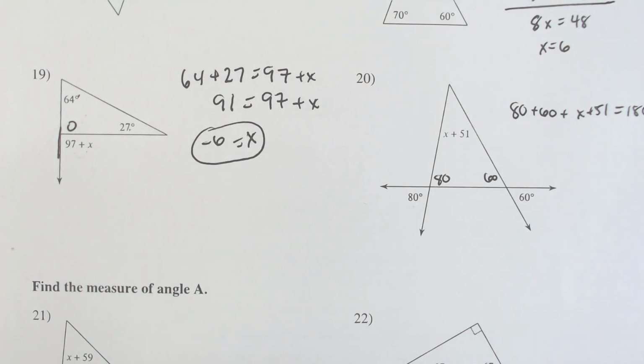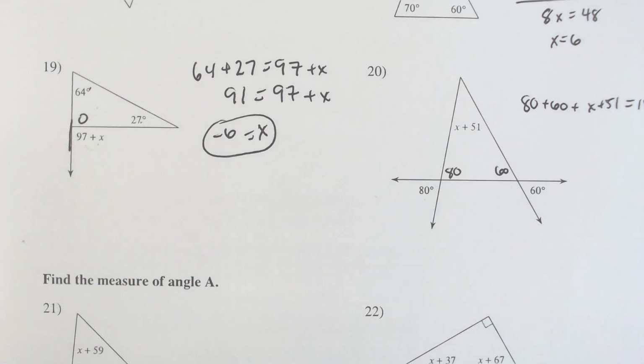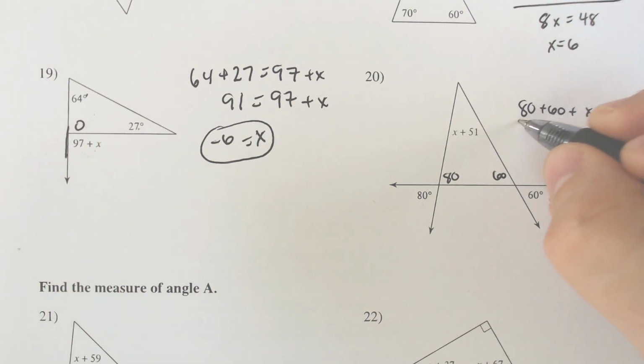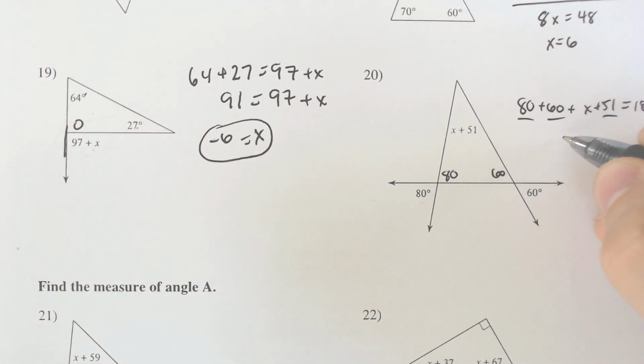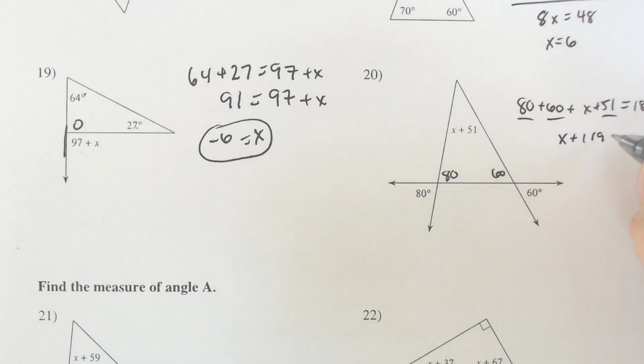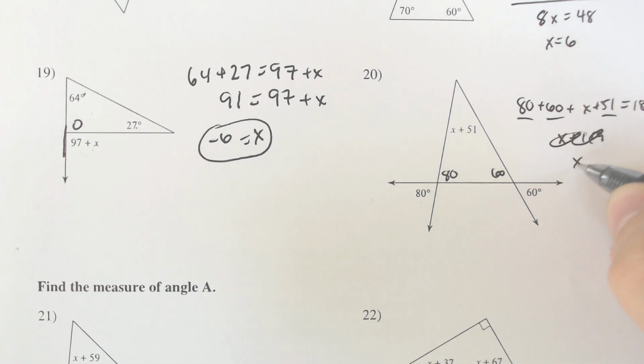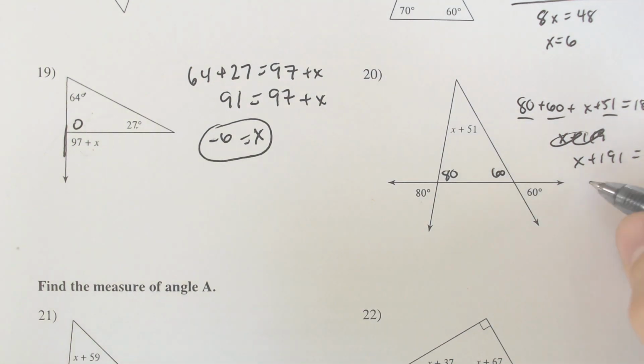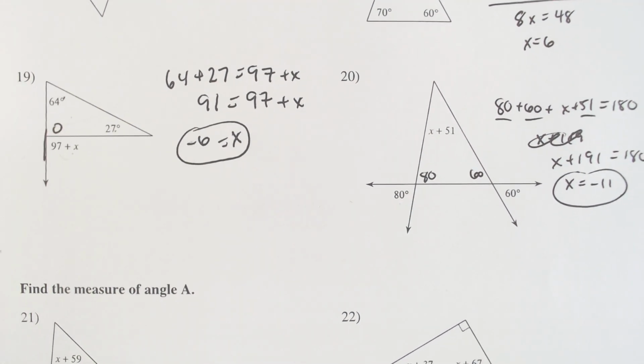We combine like terms, 80 and 60 and 51 all add together. These three guys add together to make 191. So x plus 191 would equal 180. Subtract, and we get x is equal to negative 11.